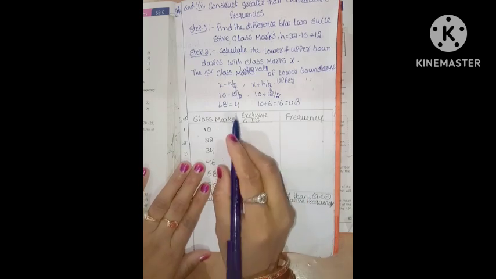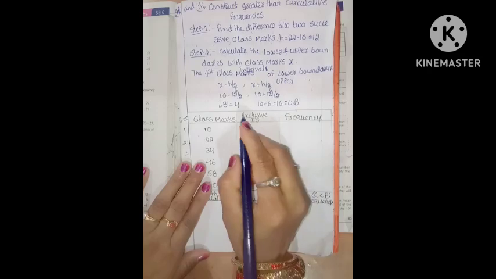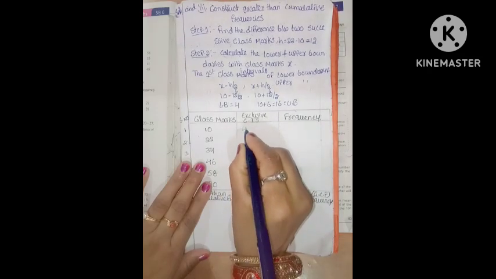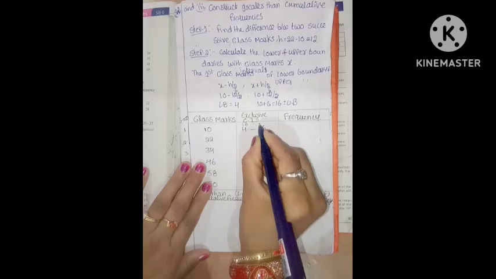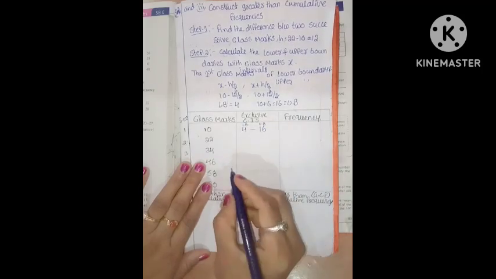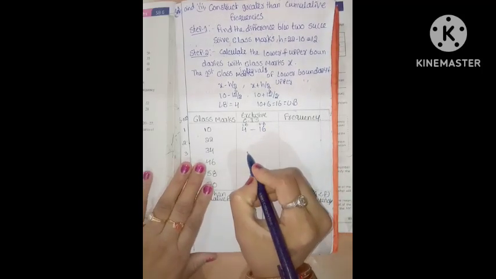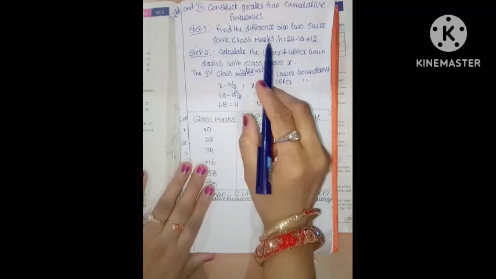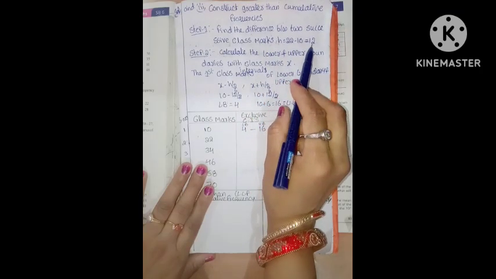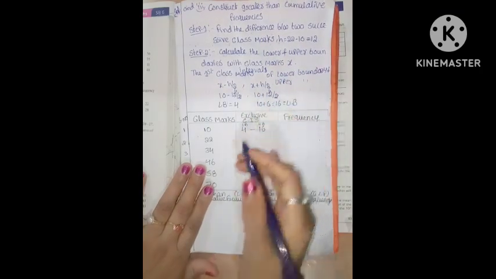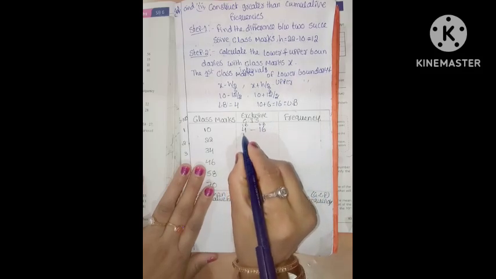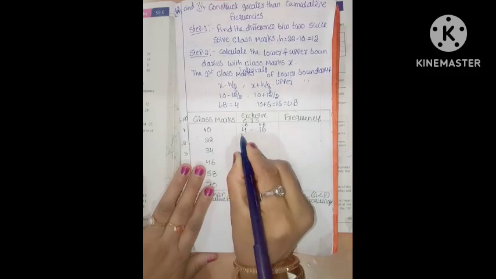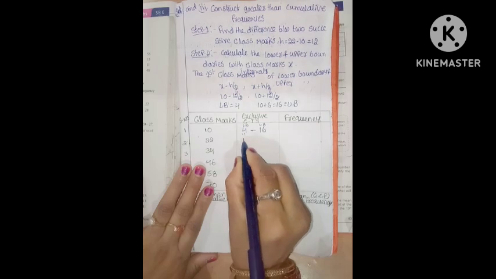So the first class interval, the lower boundary is 4 and this is the upper boundary. Each class interval is 12 only, all are equal class intervals. So 4 plus 12 is 16 only.